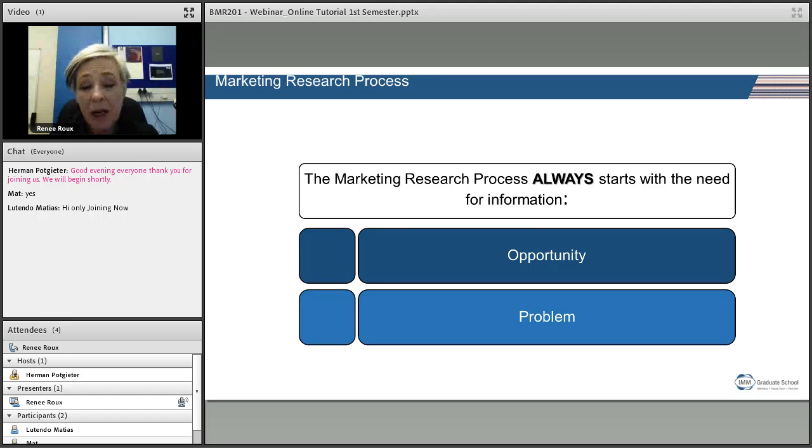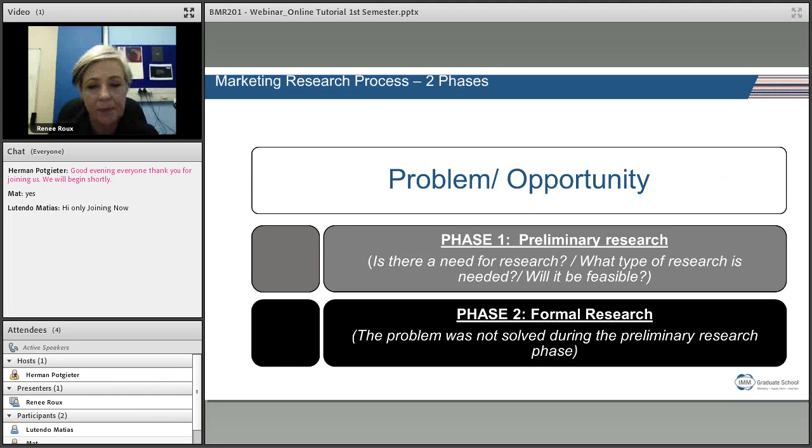You think it's a potential opportunity, but you need to actually see whether it is a real opportunity. You need more information before you can design a new product or develop a new strategy or develop a new campaign. So it always starts with the need for information for either a problem or opportunity.